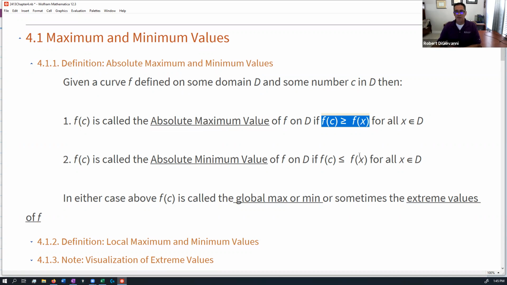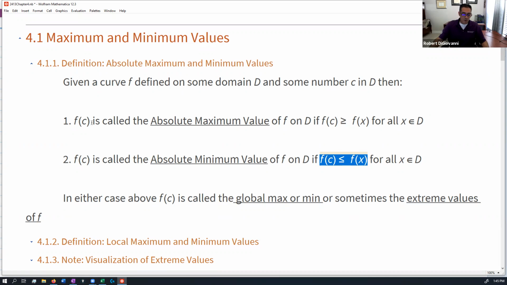All this means is that to call a point an absolute maximum, it has to be the king of the hill. It has to be higher than all the other points on the function. The absolute minimum is the same sort of definition, except that now it has to be smaller than all the other points in the function. So that would be the lowest point in a valley.